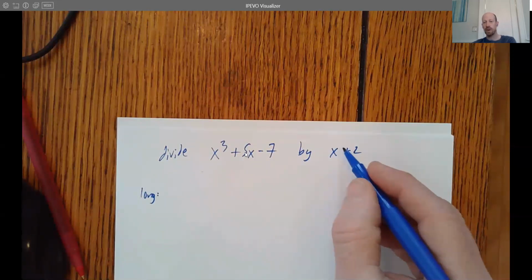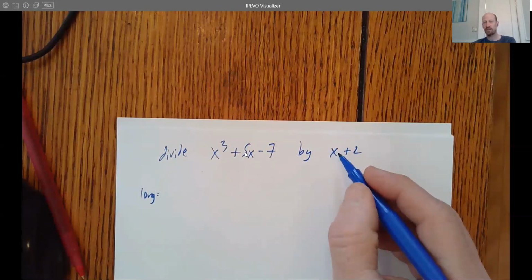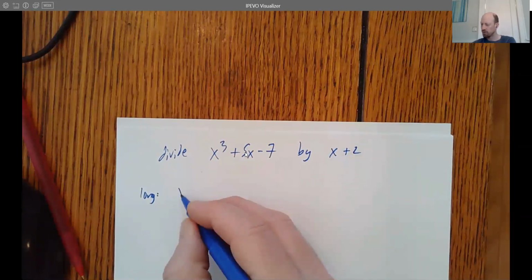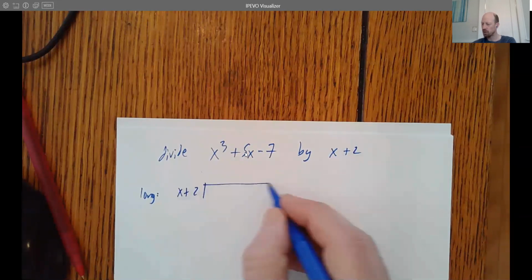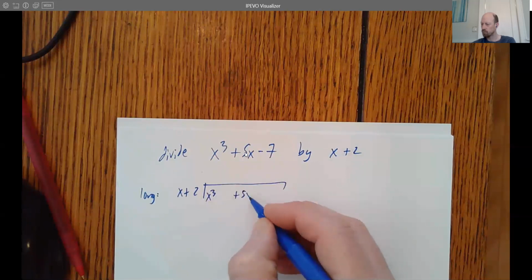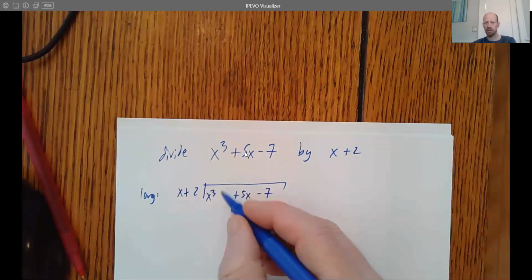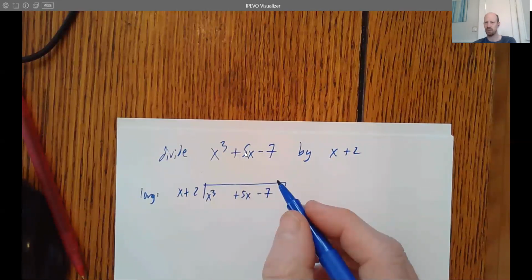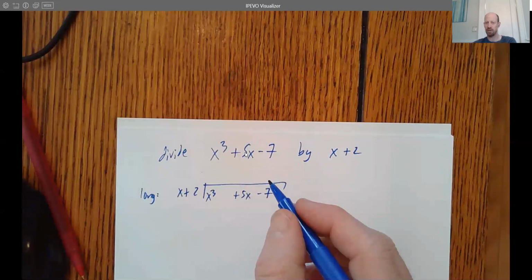If this were x squared or 2x plus 2, then I can't use synthetic division anymore, and I have to use long division. We set up long division just as you would for long division with numbers. Notice I left a little gap for the x squareds, because I'll need some in this problem.